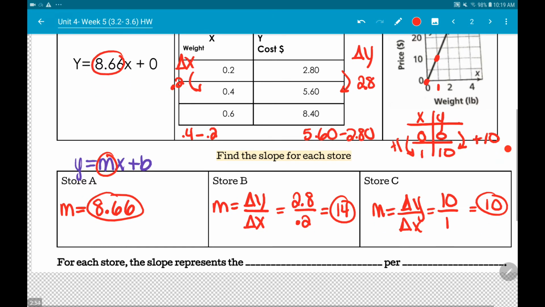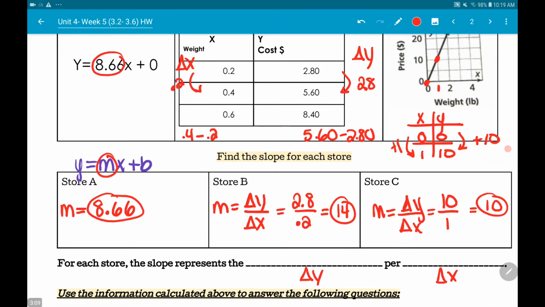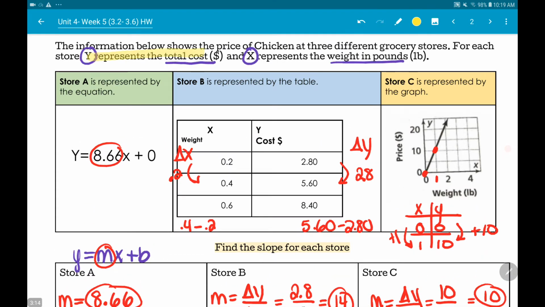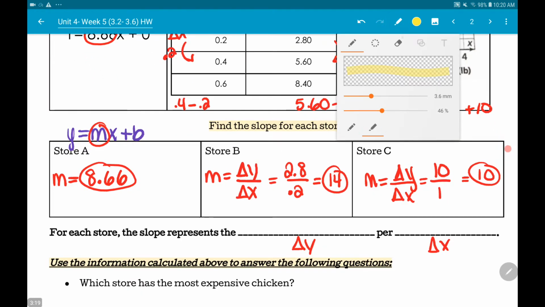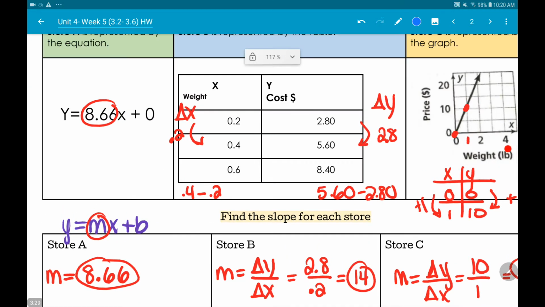All right, so what does this mean for all of our representations? What do these numbers mean? Remember, slope is always the change in y divided by the change in x, or the change in y per the change in x. So our y, if we look back at our sentence up here, our y was the total cost. So that means for this, I'm going to put, it represents the total cost per whatever the x represents.